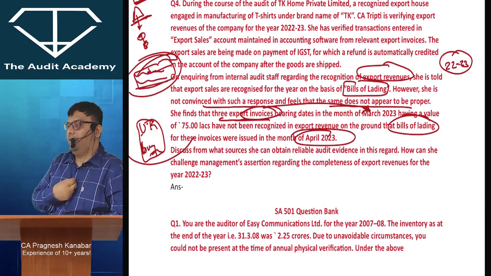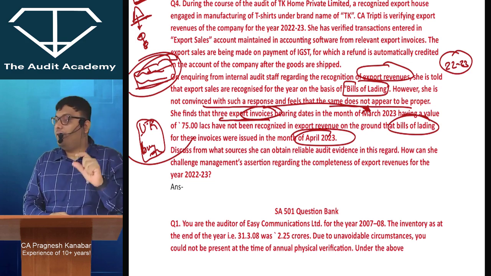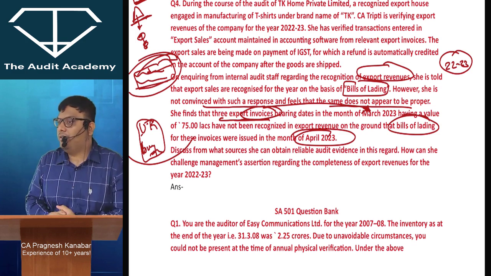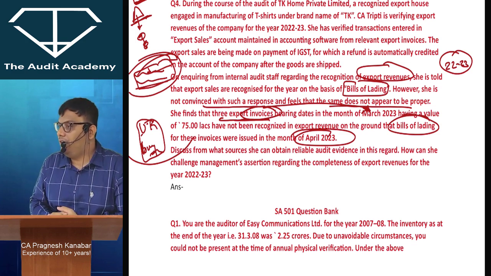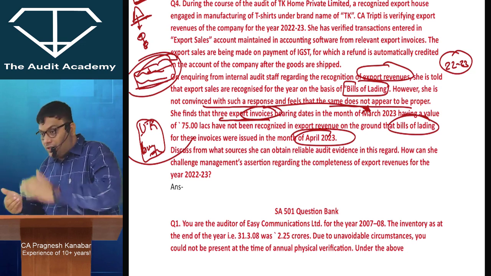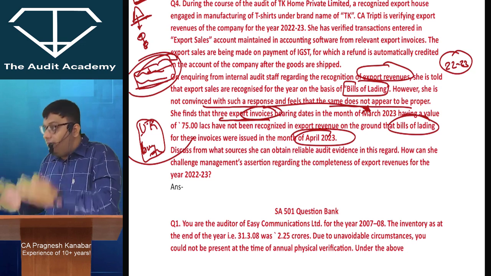My stand is that when the invoice gets generated, what will be the name of that invoice? The title of that invoice? Sales invoice. So when my software is generating an invoice, that means the sale is done.